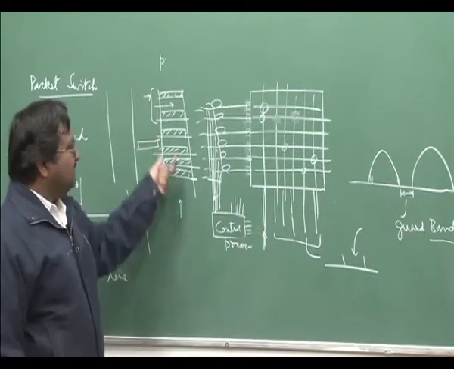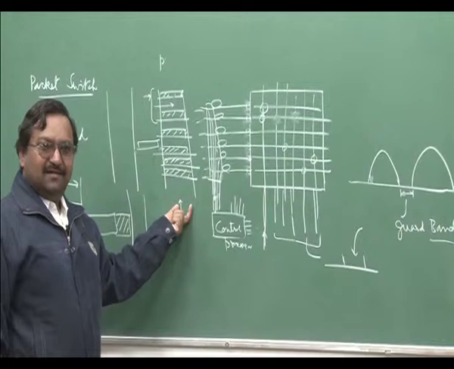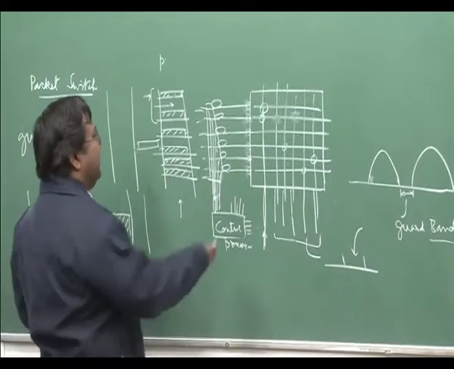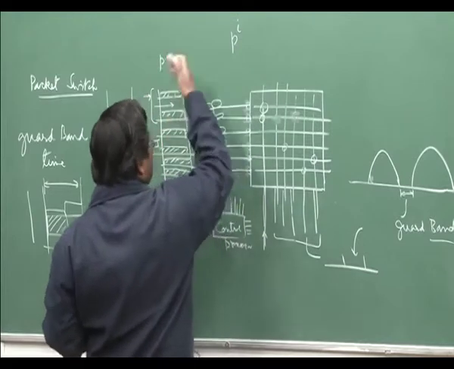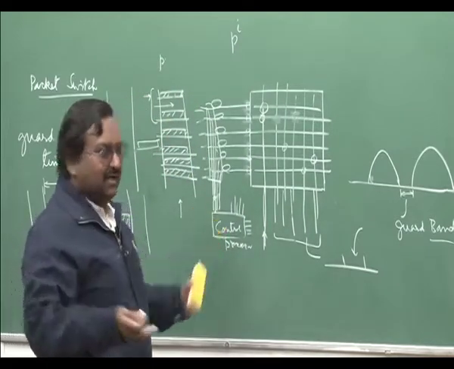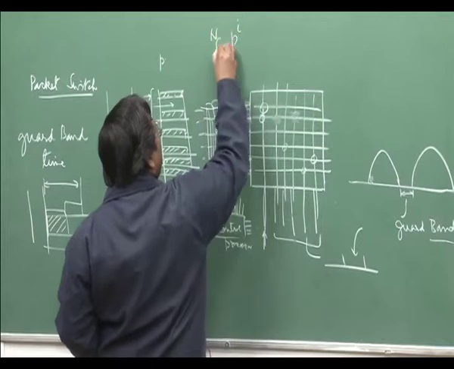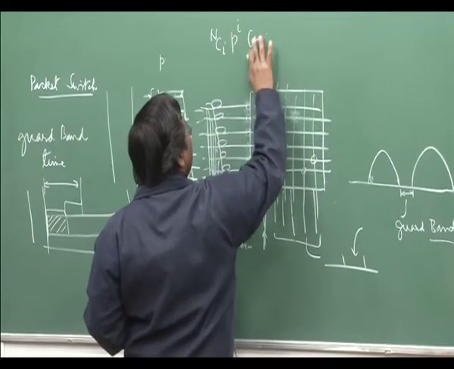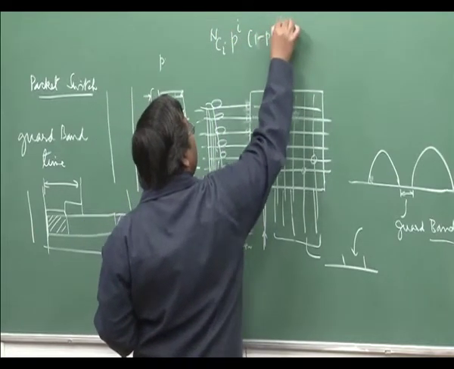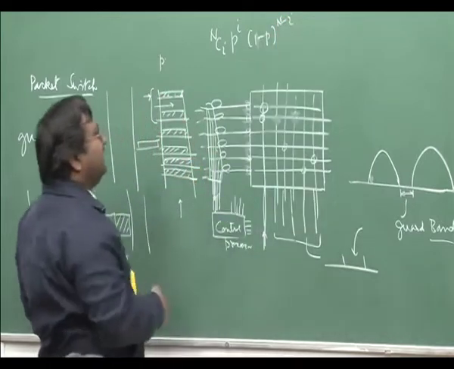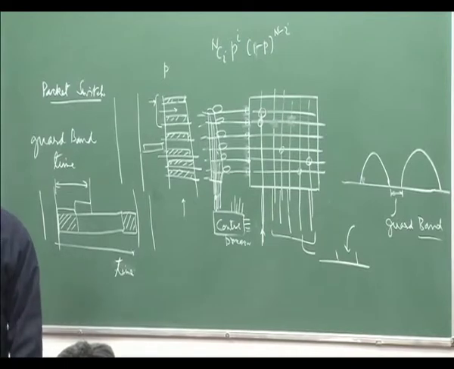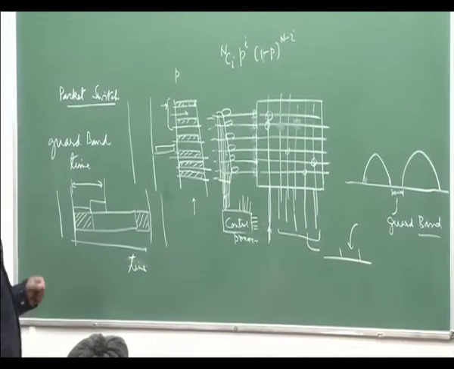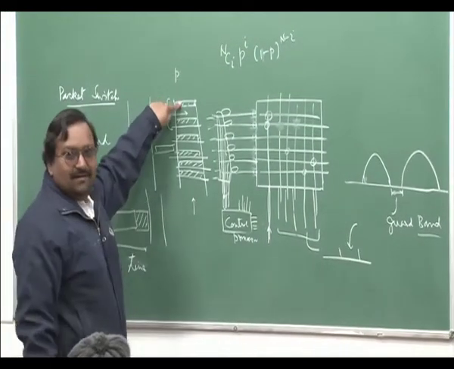So in general, the probability that I packets will be present here is p raised to the power I, and because they can be in any order, any combination, it is nCi, and (1 minus p) raised to the power n minus I. That is the probability that I packets will be there in a slot at all the inputs of a switch.